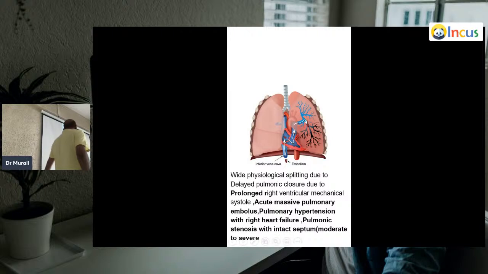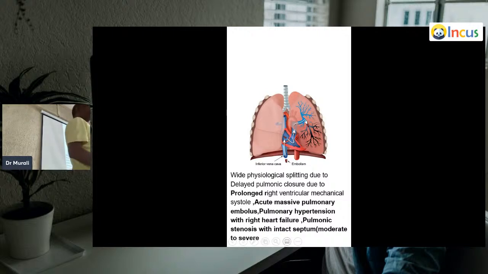Then what is the cause for the wide physiological splitting? Because of the delayed pulmonary closure, it can also occur whenever there is any prolonged right ventricular systole. When will that happen? If the right ventricle is undergoing systole and pushing blood into the pulmonary artery, if there is any massive pulmonary embolus, then pulmonary resistance is very high. Then the ventricle has to pump a longer period of time. That also will delay the P2.